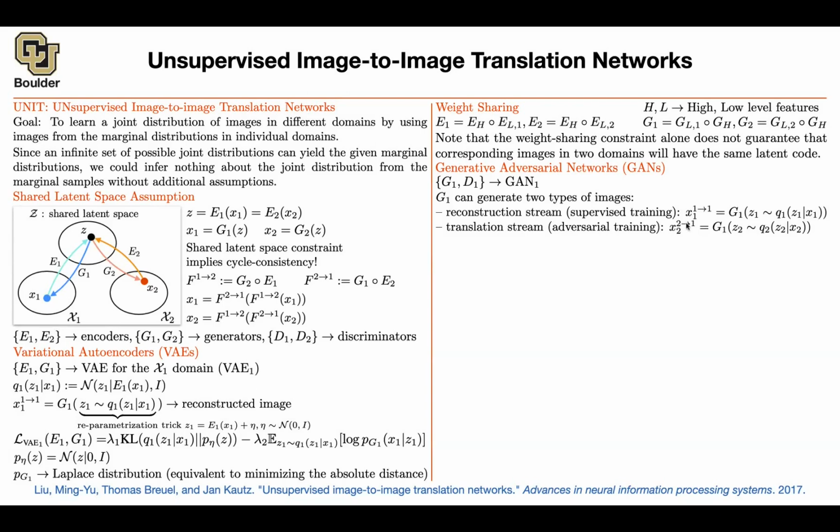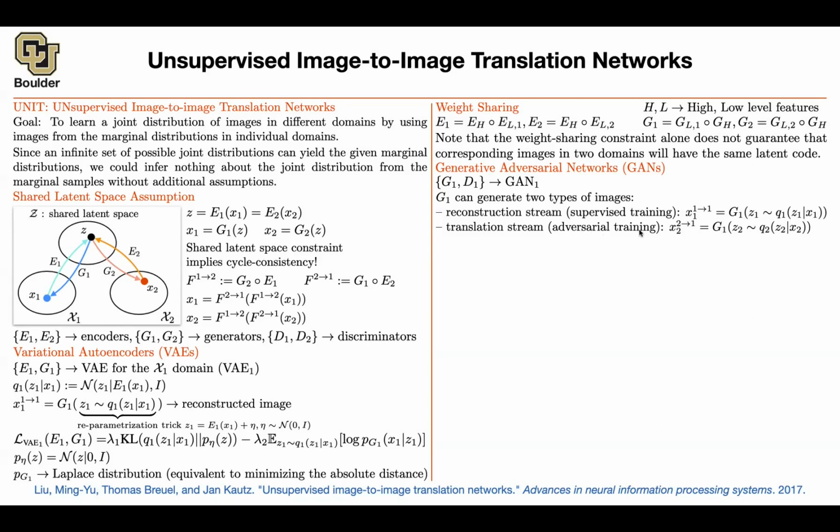One of them is taking as input an image from domain 1 and then going back to domain 1. The other one is taking an image from domain 2 and going to domain 1. This one corresponds to the one that takes you from one domain to the other domain.